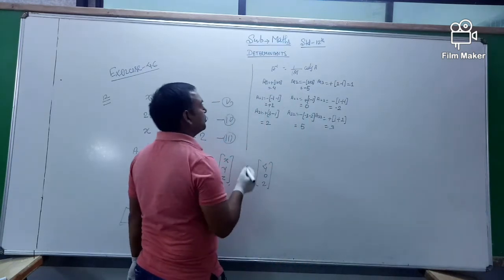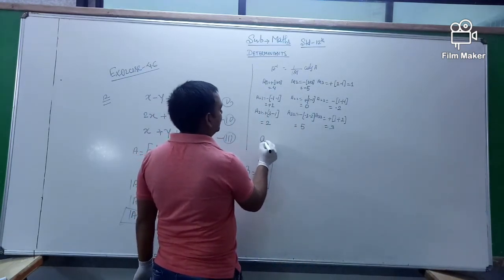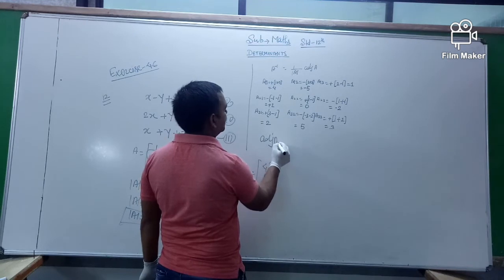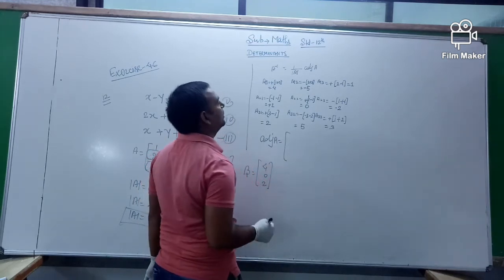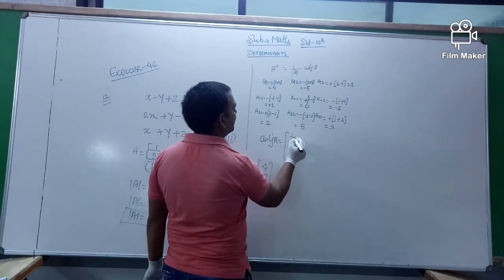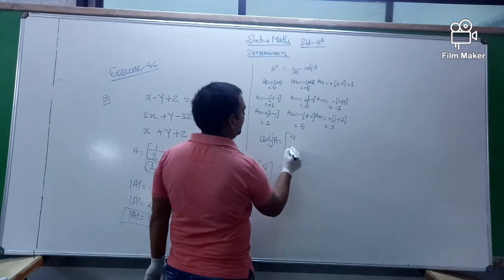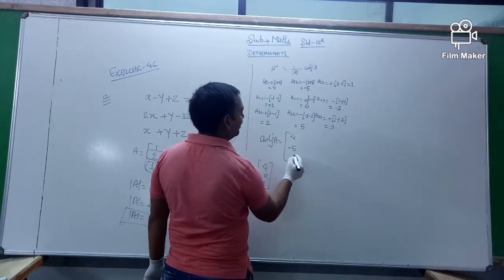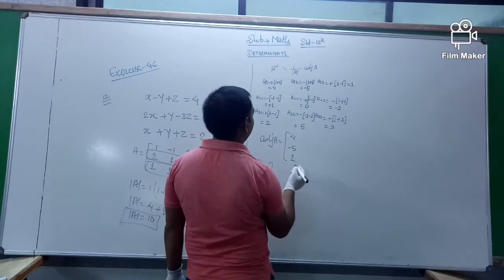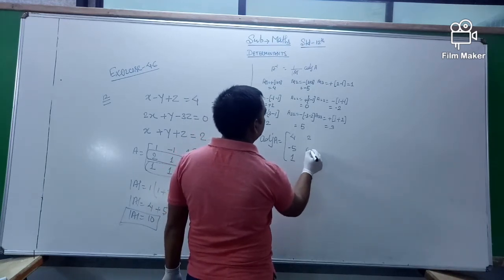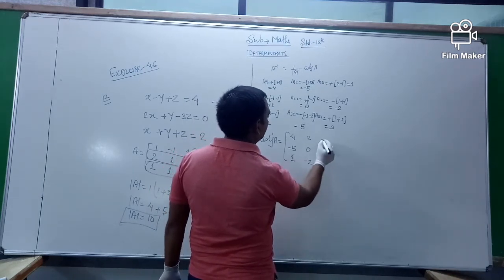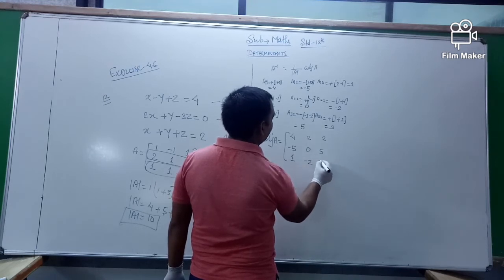Okay, so you find that the adjoint of A is equal to A11, that is 4, A12 that is minus 5, A13 that is 1, then A21 it is 2, 0 and minus 2, then 2, 5 and 3.